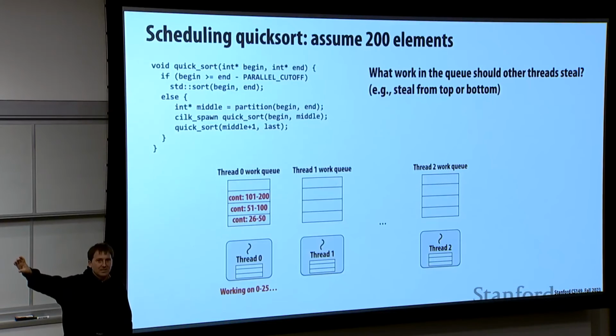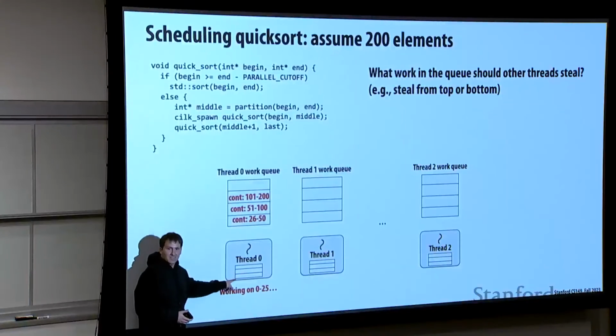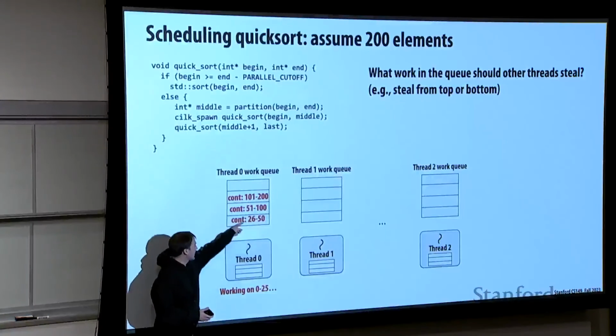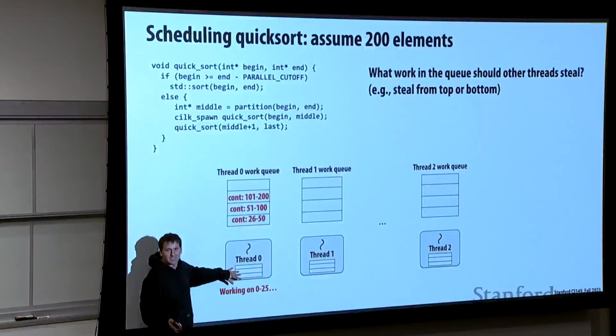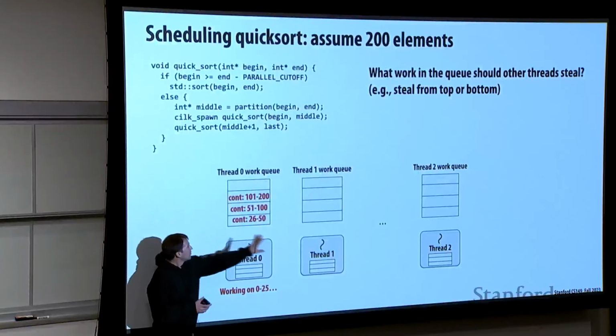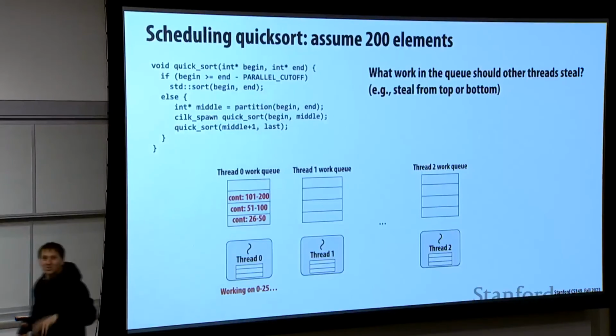So there's the advantage of this: thread 0 is always going to grab the next task off the bottom of its local queue, because this is the same order as a sequential program in some sense. It's also good because you get data locality and a lot of other nice properties. Remote threads are going to steal from the top of my queue for actually two cool reasons.